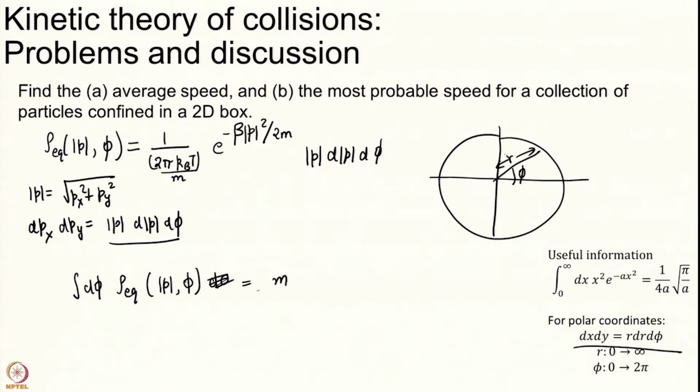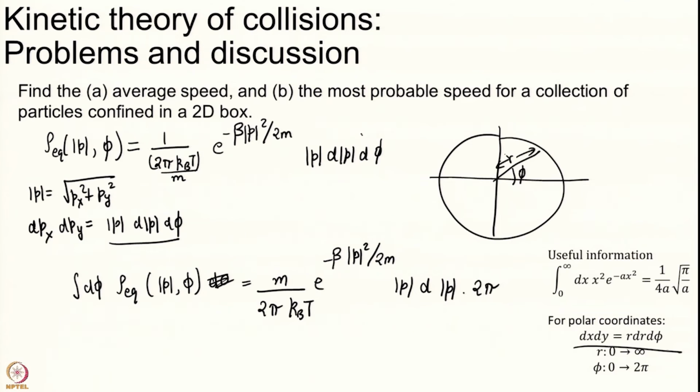So, this is easy. We note that most of the terms here are independent of phi, actually everything is independent of phi. And I simply multiply this by 2 pi.